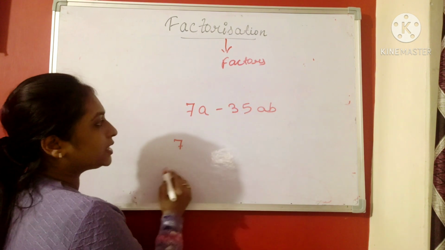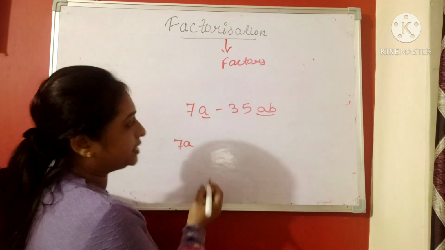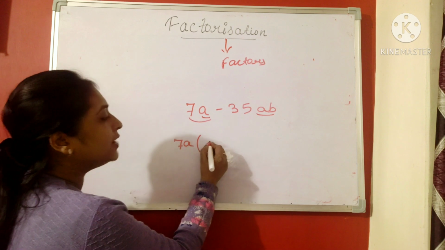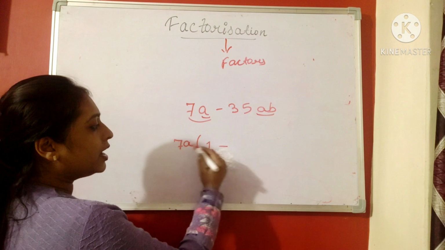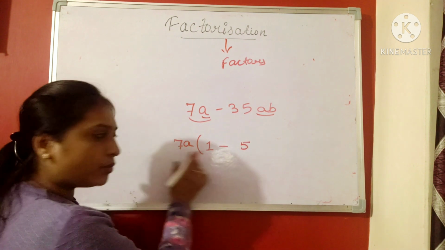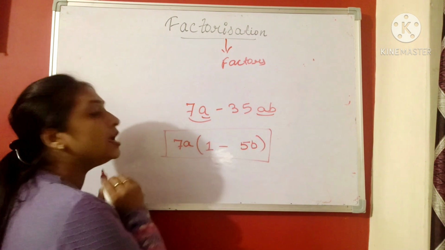Now I have taken 7 common. It has a, it has ab, so a can be taken out. After taking out 7a common, we are left with 1 in this term. Minus will come here. 7 fives are 35 and a has been taken out already, so b will be coming here, and this becomes the answer.